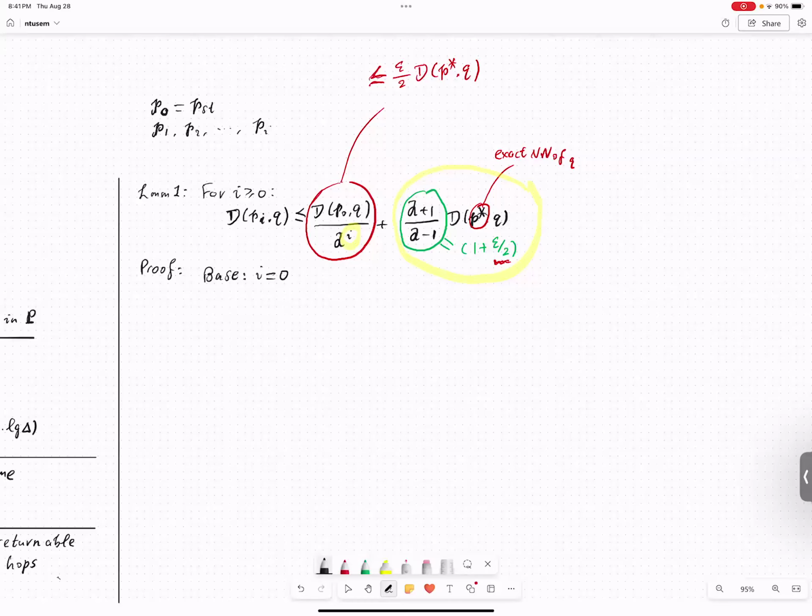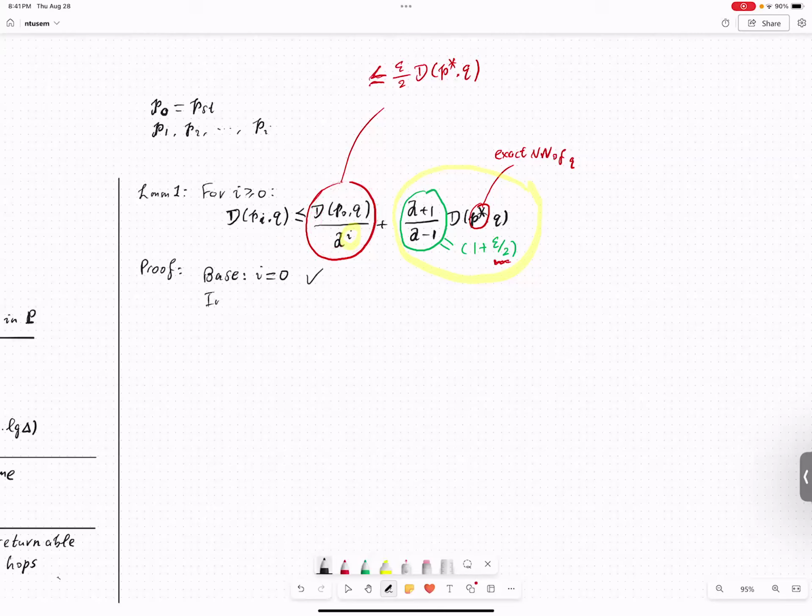On the right-hand side, the first term has denominator alpha to the power of 0, so that's just 1. Therefore the left-hand side already appears there, so it's easy to verify that this is true.